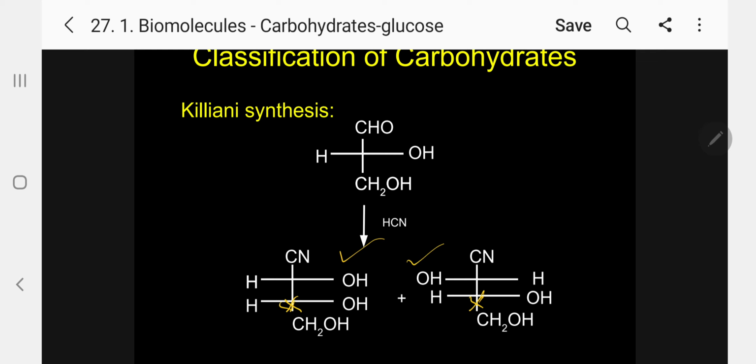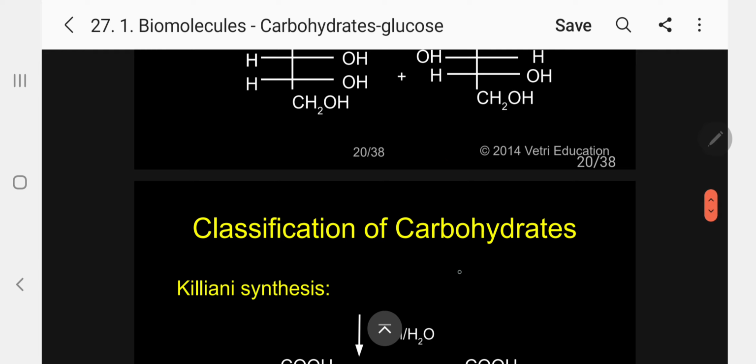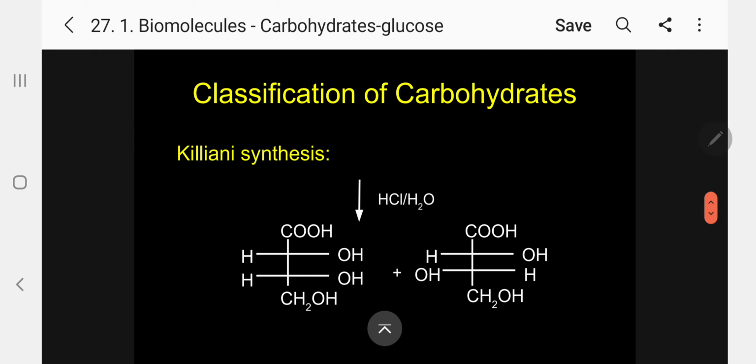So this is the first step. The second step: this cyanide is allowed to undergo acid hydrolysis and is converted into acid. Second step.